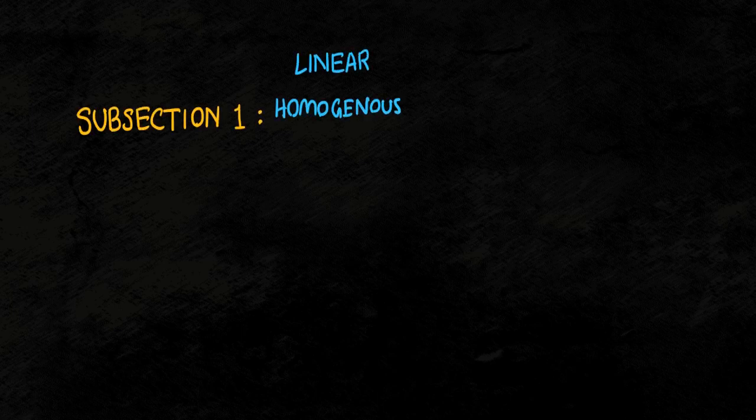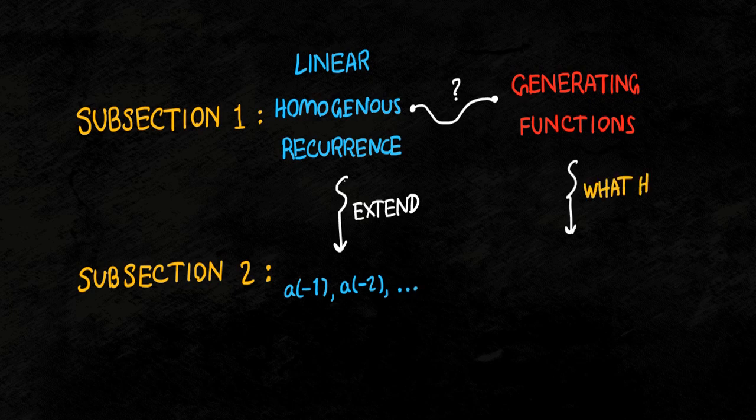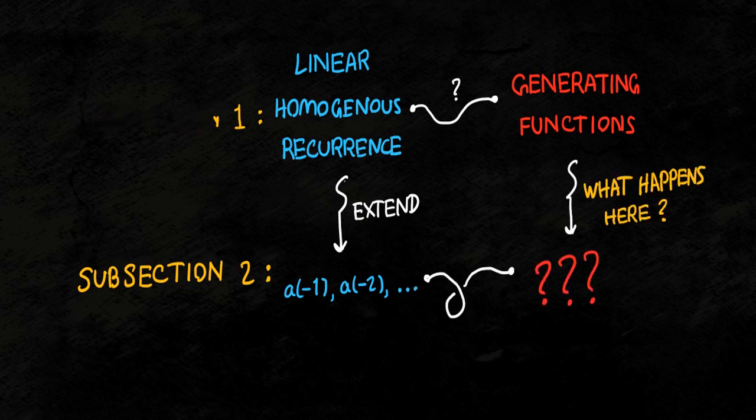So, our plan for this section will go in 2 subsections. 1. We will establish the relation between linear recurrences and the generating functions. And 2, we'll find out what happens to our generating function as we continue the terms into negative numbers. Okay, subsection 1, let's begin.